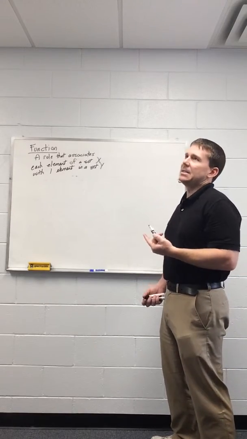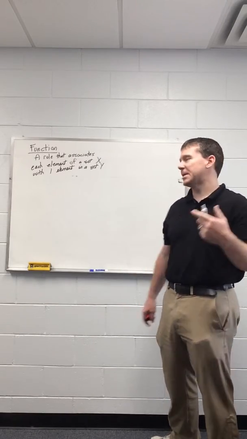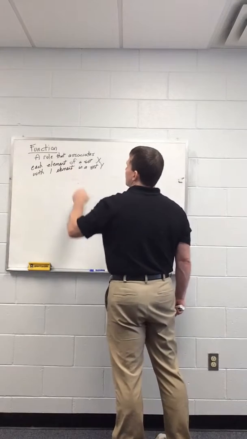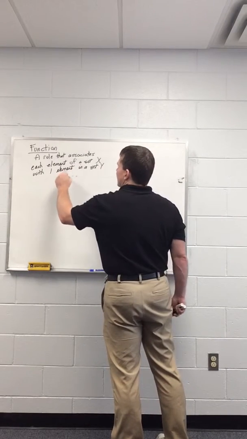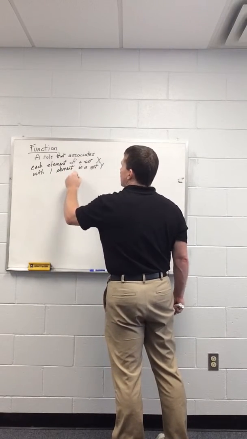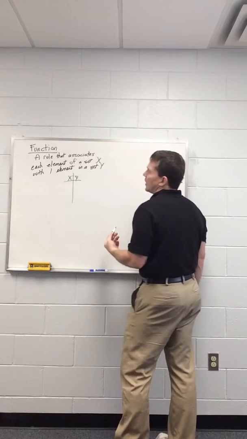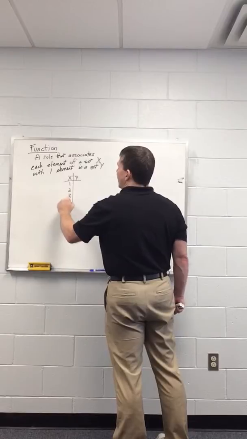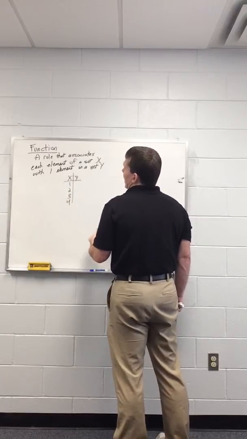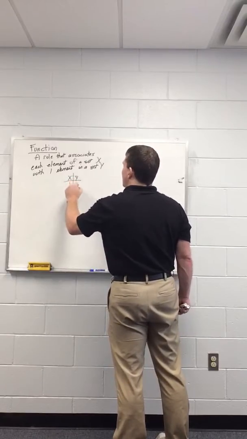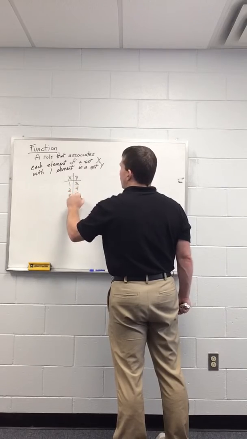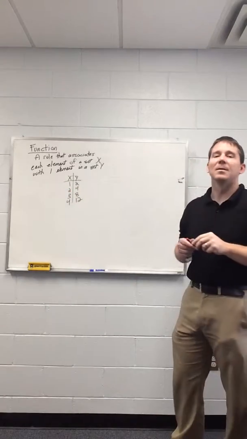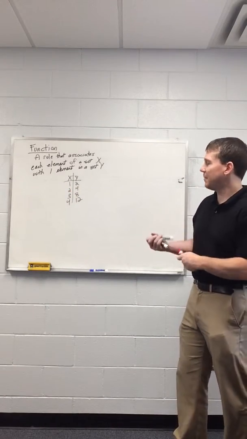And the idea is, if we think about plotting points like we were doing in the last video, I can have a bunch of X's and a bunch of Y's. We can call these points and say my X values are 1, 2, 3, 4. And if I have the Y values 2, 4, 8, 12, who cares? Does this represent a function?